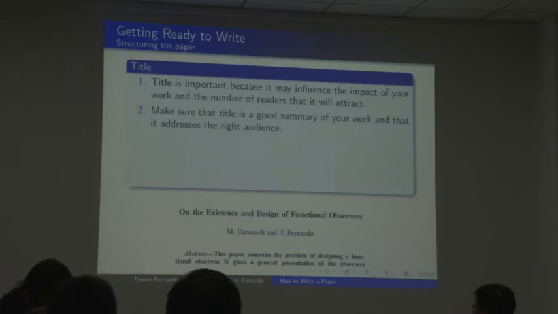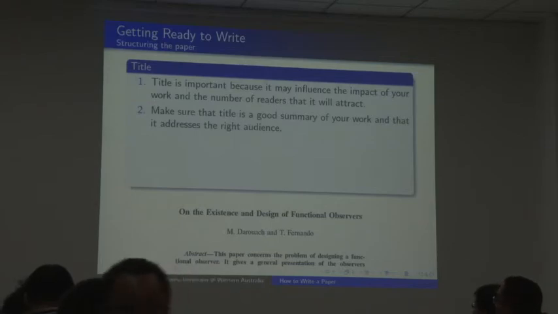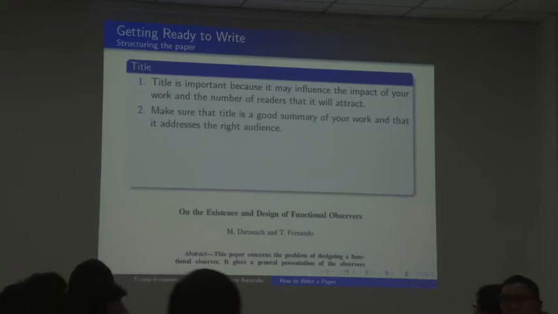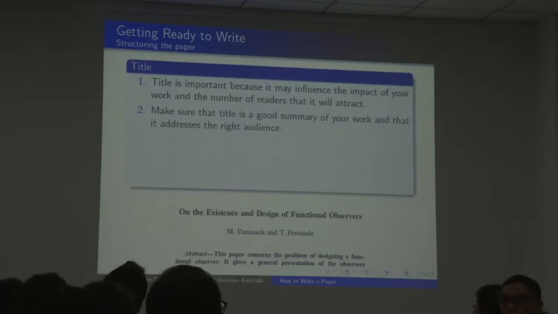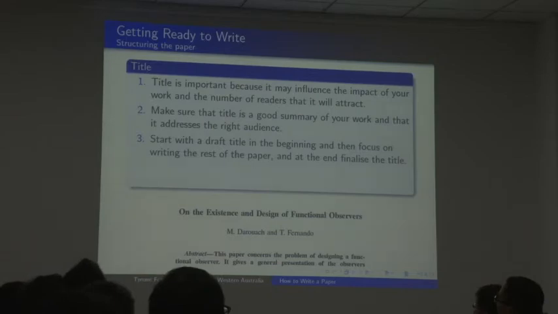For example, that's the title that I've given: On the Existence and Design of Functional Observers. So it's very clear what the paper is about. It has to be a good summary of your work, and it addresses the right audience. You can start with a draft title in the beginning.